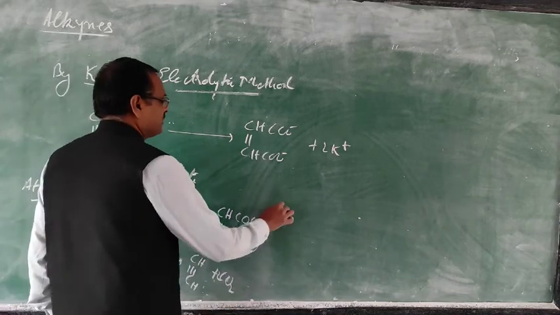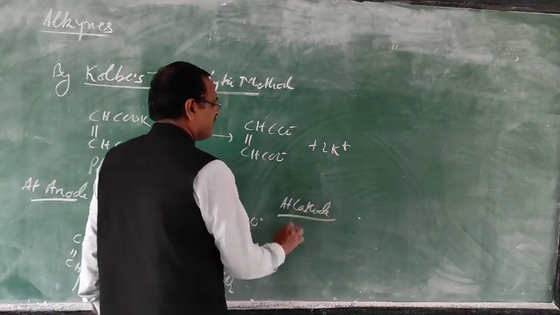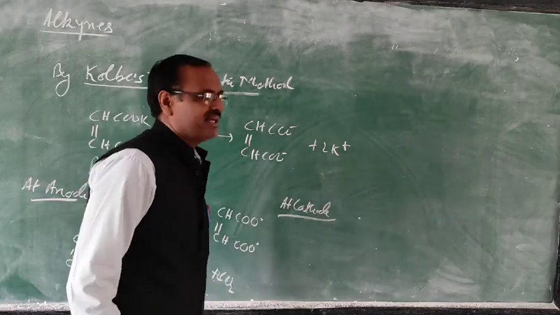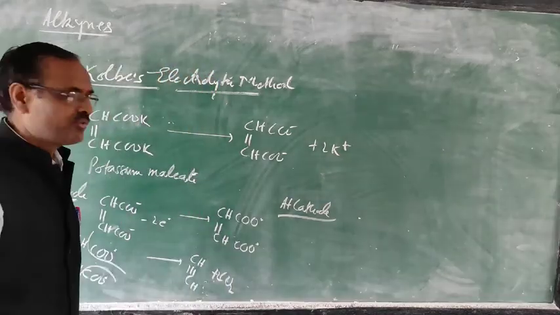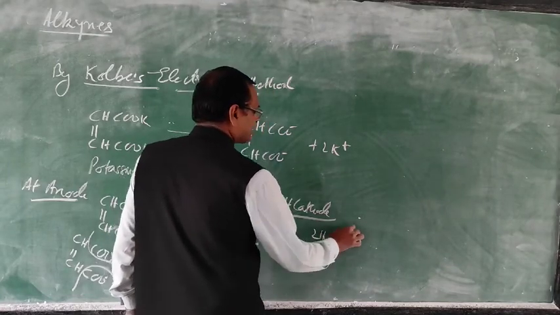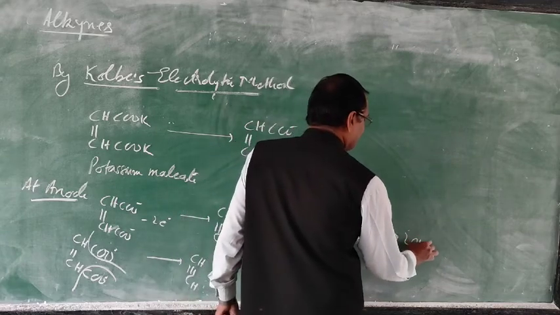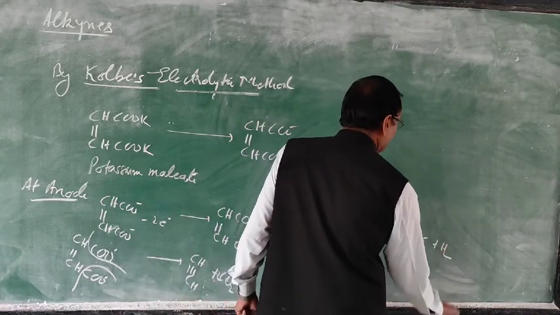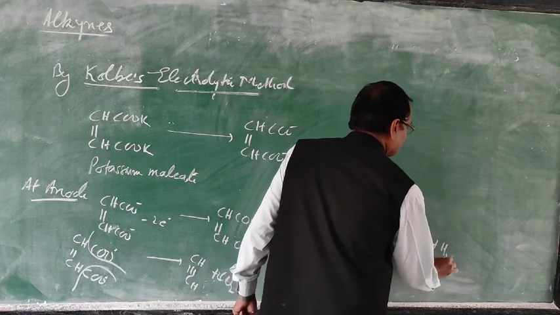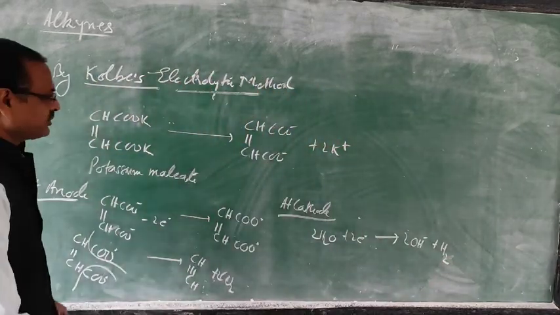And at cathode, this K plus and water molecule both will move, but since water molecules have more reduction potential, these water molecules take the electron, get reduced, and form hydrogen gas. So by this way you can get the hydrogen gas at cathode.